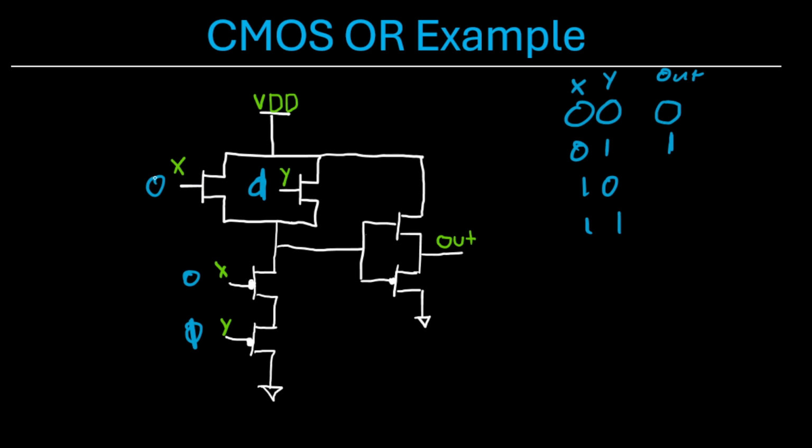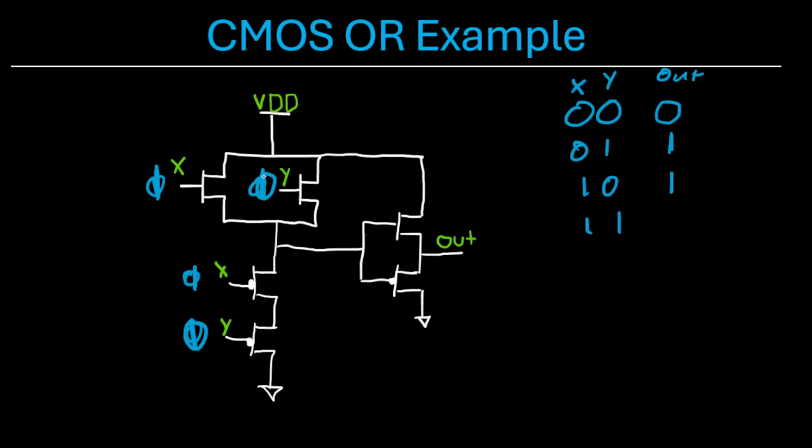Now if we do 1, 0, again, this transistor will be on, connecting VDD to this net. This transistor's off, this one's off, and this one's on. So again, you have VDD going to the gate of this transistor here, which turns on and connects out to VDD.